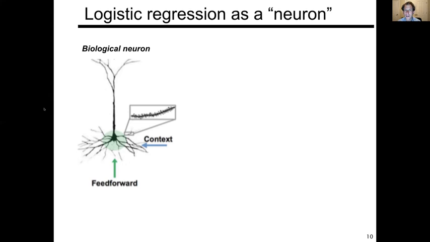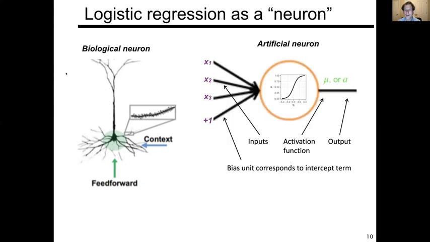We're going to think about the behavior of our logistic regression system as the way that input and context modulate the output behavior of a neuron. And this, of course, is a dramatic oversimplification with respect to biology, but it's been crucial in the development of theoretical neuroscience and computational approaches to neuroscience and AI.